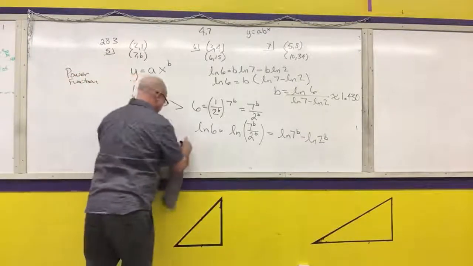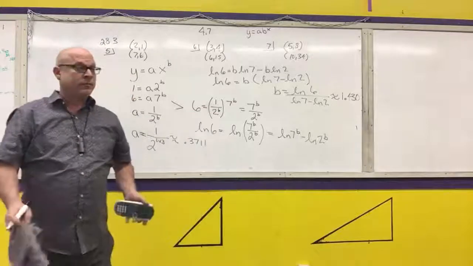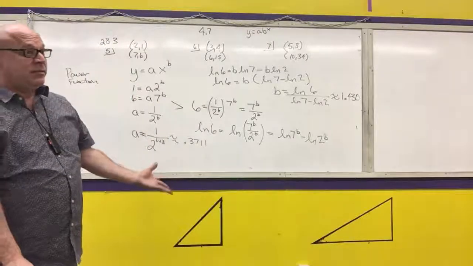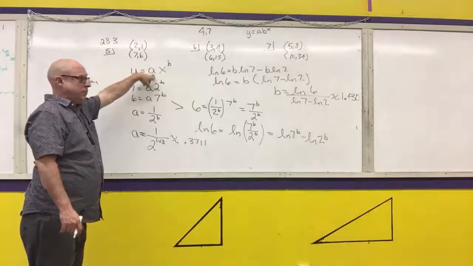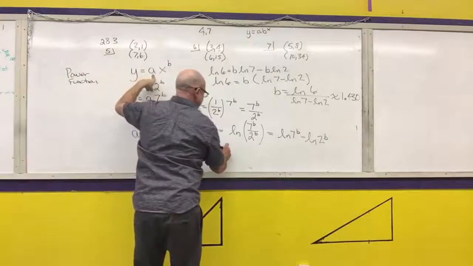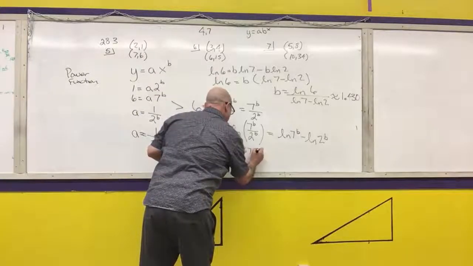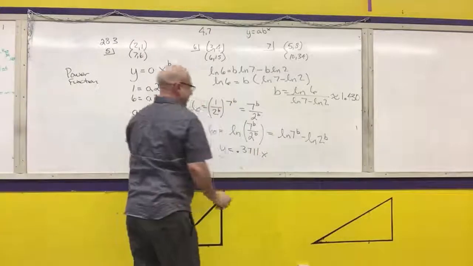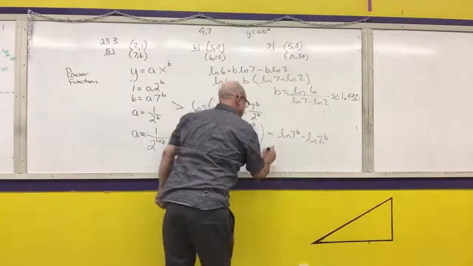And I get approximately 0.3711. We now know what our a is. We know what our b is. So we can write the equation in this form. Y equals 0.3711 x to the b, 1.43.